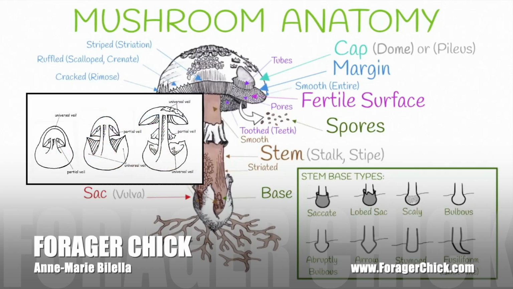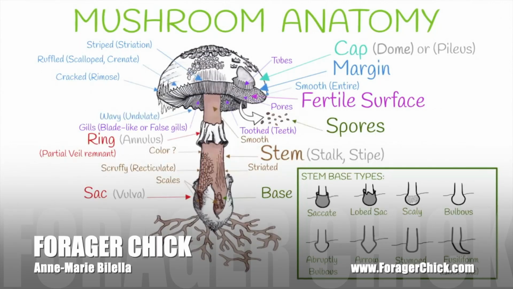It completely encases the entire fruiting body of the mushroom, right? And then the mushroom starts popping out, and it breaks free from this universal veil. It winds up leaving scales and spots on the top of the mushroom, and then it breaks free at the bottom, and it just hangs out at the bottom. All right? Pretty interesting. If you ever see one, they're very cool.